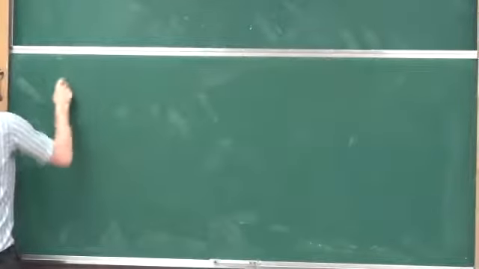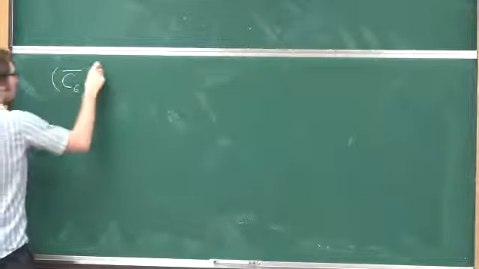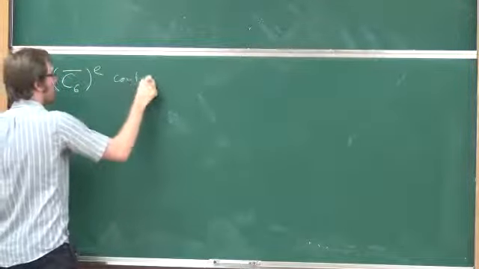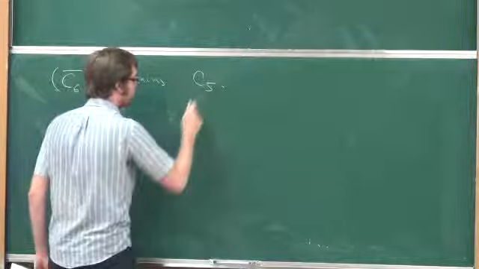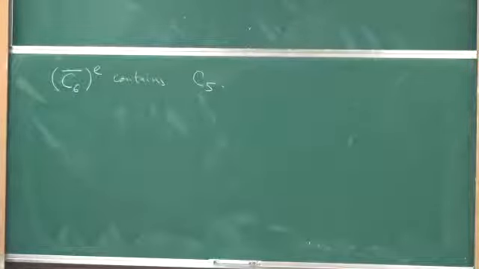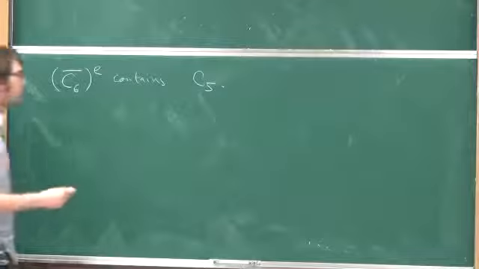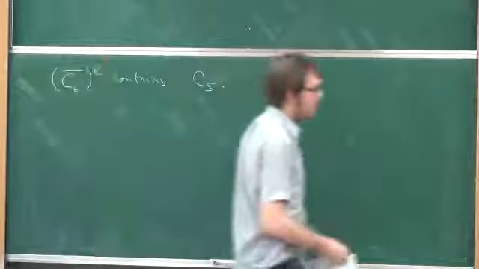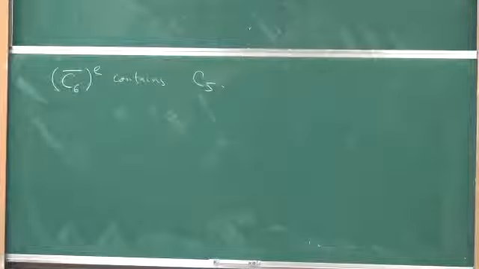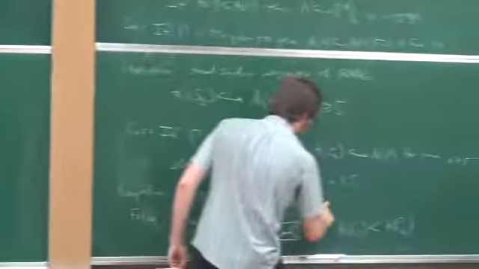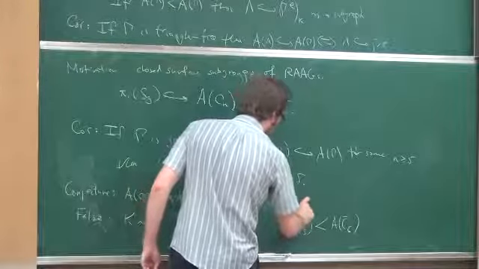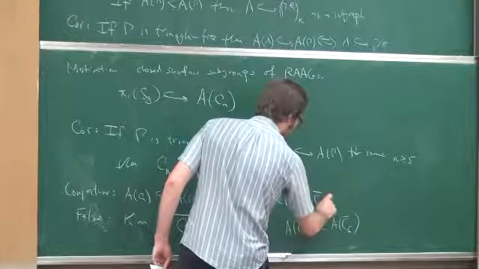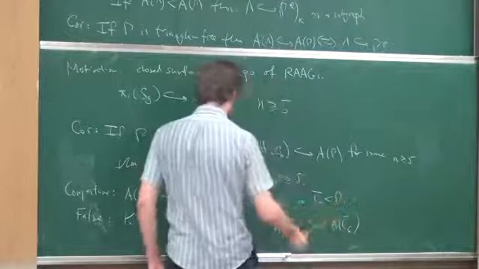C6 bar E contains C5. And so the conjecture was then revised to say that either Cm is contained in gamma or Cm bar is contained in gamma for some m.